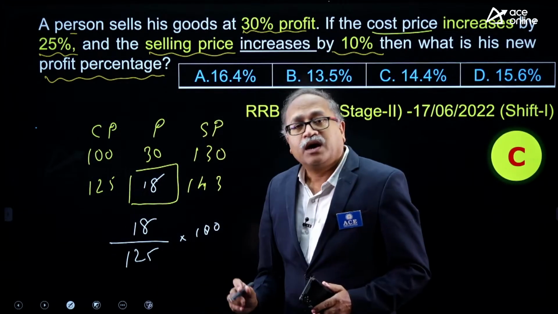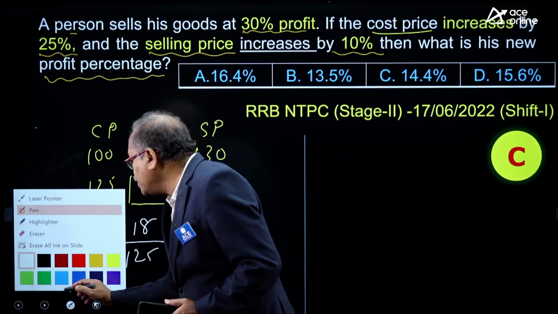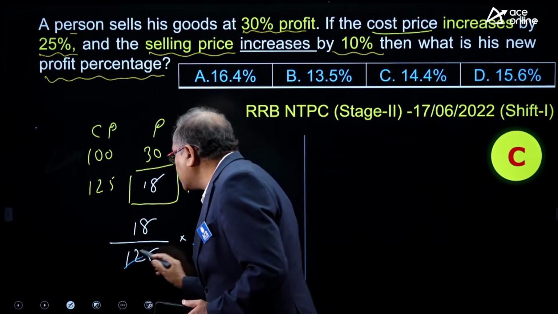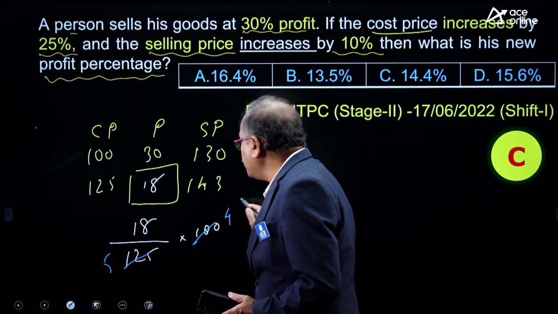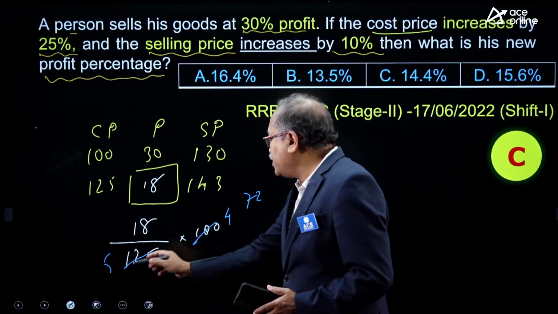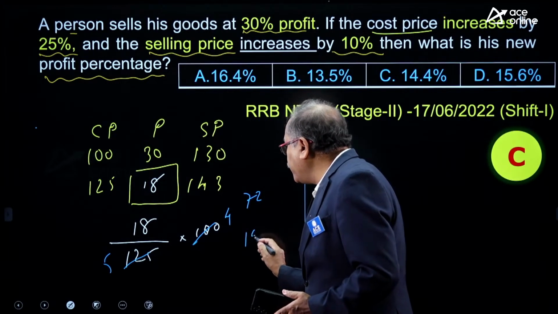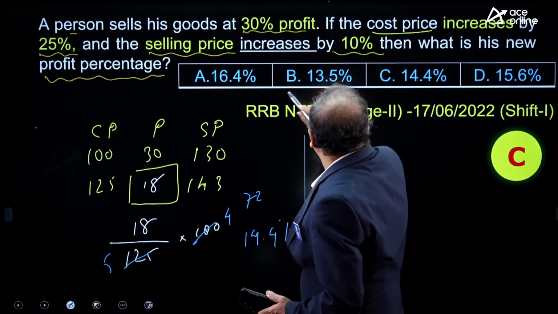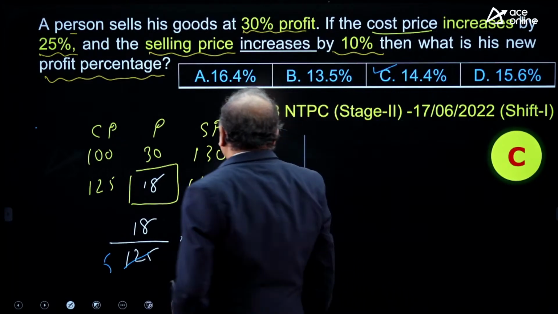That's how you complete your calculation over here. With 25, this is 4 times, and this is 5 times, and this is 72. 72 divided by 5, you are getting 14.4%. And beautifully you said option C.